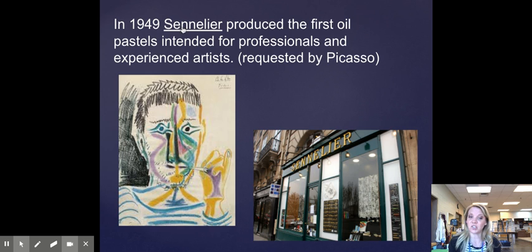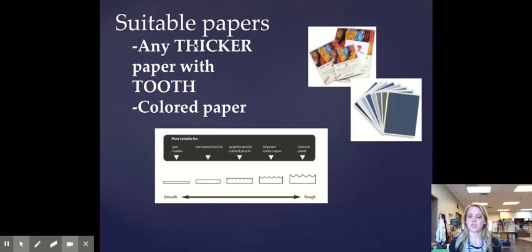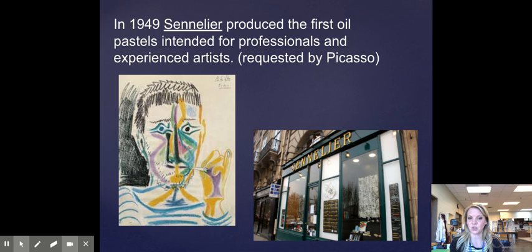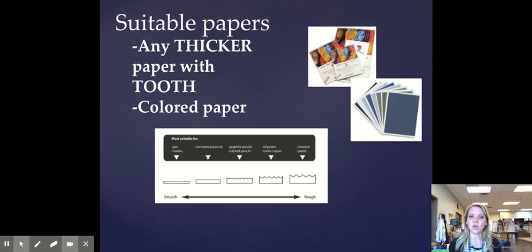So that is relatively new as far as the art world goes. There's not a lot of new mediums out there. Oil pastel is one of them, which is probably why we don't see as much oil pastel work as finished pieces in art museums. It is known as a drawing medium, but a finished oil pastel is called a painting.